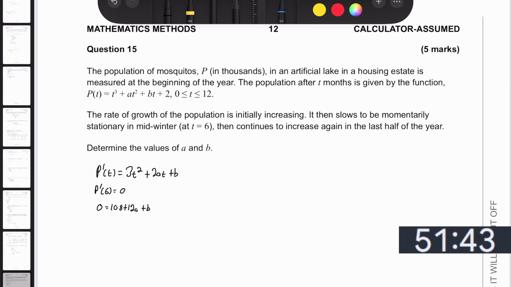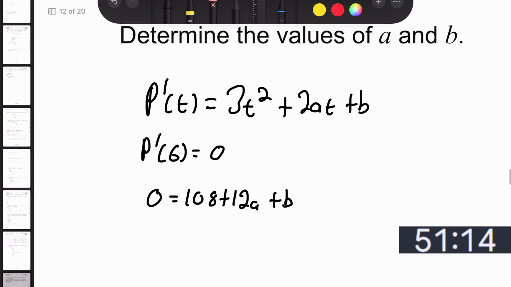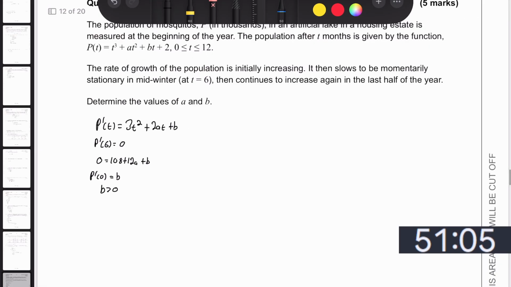What am I missing here? The rate of growth of the population is initially increasing. And then p of 0 is greater than 0. It's equal to b, so then b must be greater than 0. It then slows to be momentarily stationary in midwinter. Derivative at t equals 6. And then continues to increase again in the last half of the year.